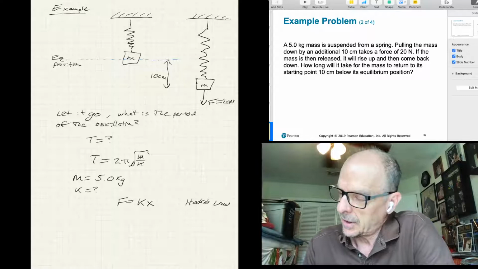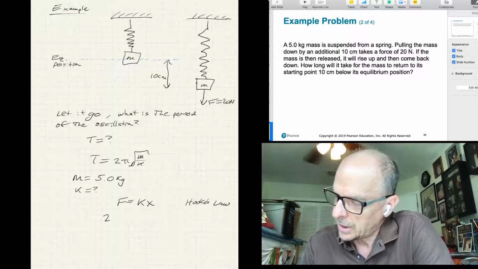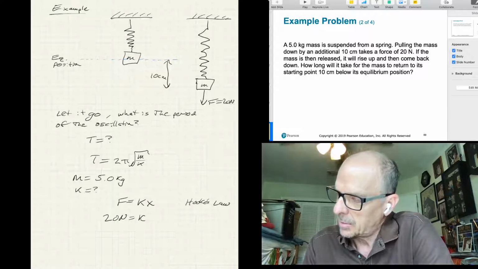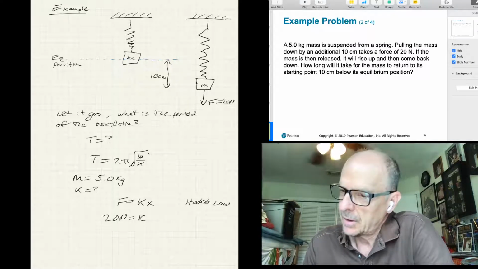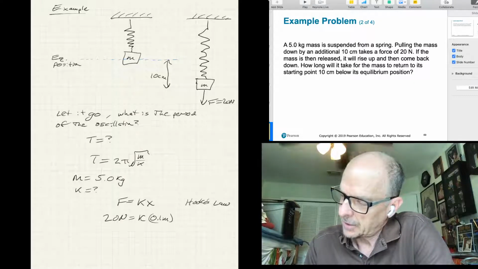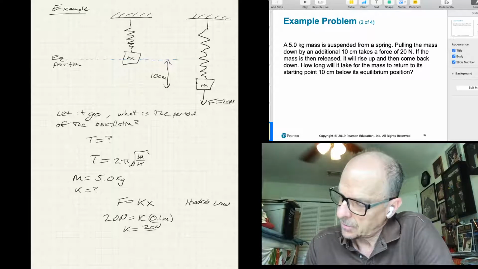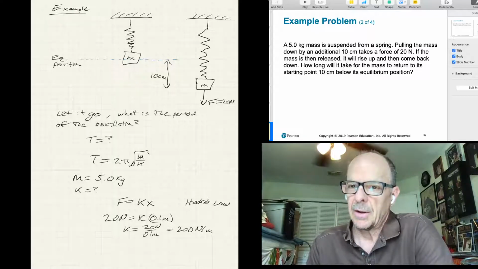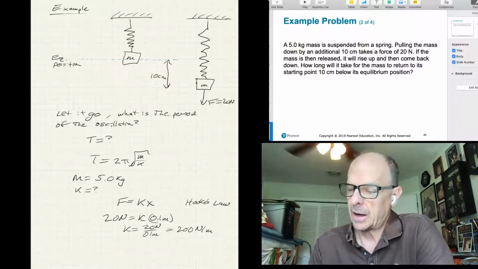And so in this case, we know that a force of 20 newtons was used to stretch the spring by 10 centimeters, which is 0.1 meters. So that gives me K is 20 newtons over 0.1 meters, which is 200 newtons per meter. So there's our spring constant in SI units.